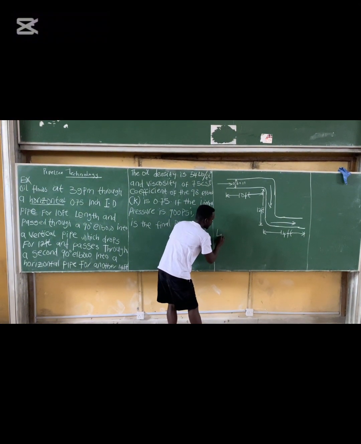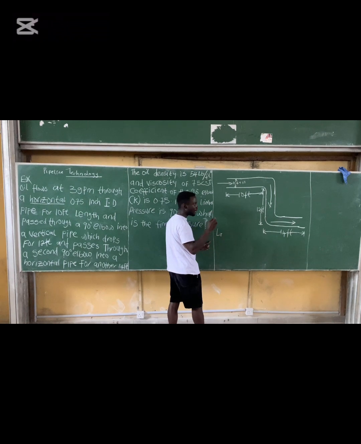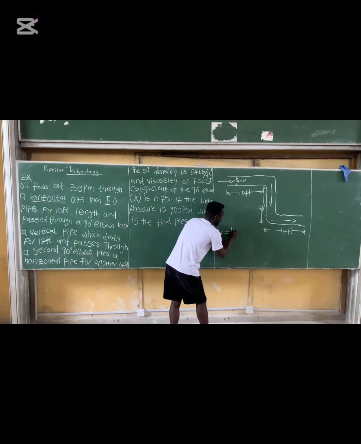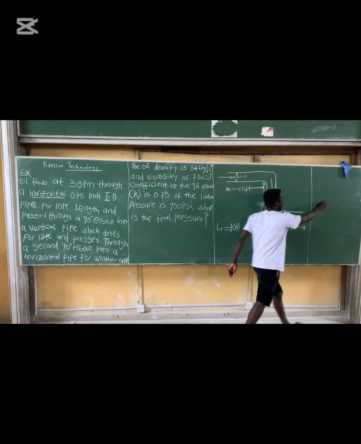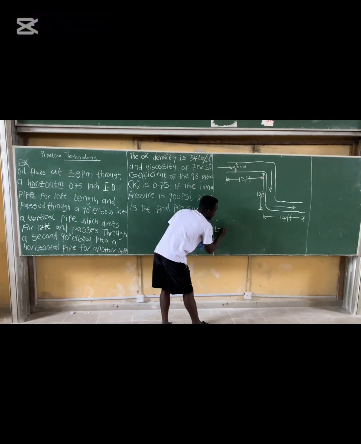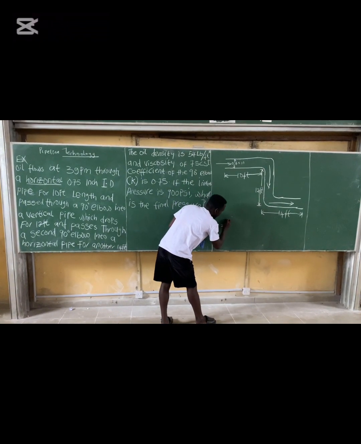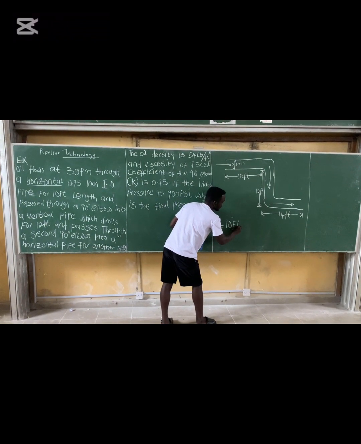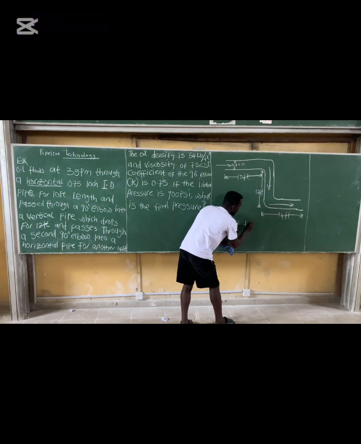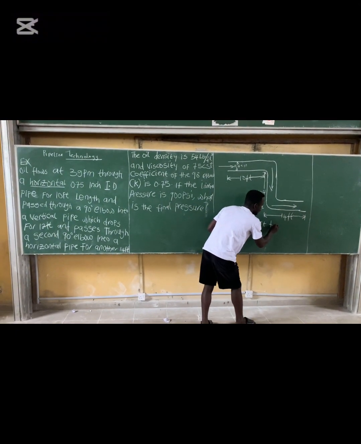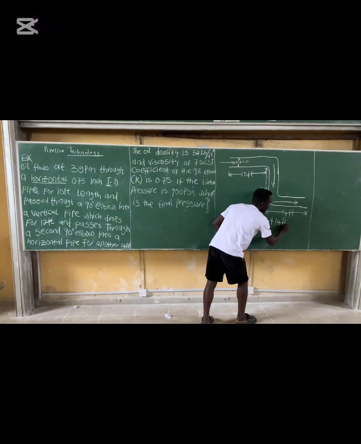So the total length, LT, which represents length total, is equal to the sum of all three lengths, which is equal to 10 feet plus 12 feet plus 14 feet.